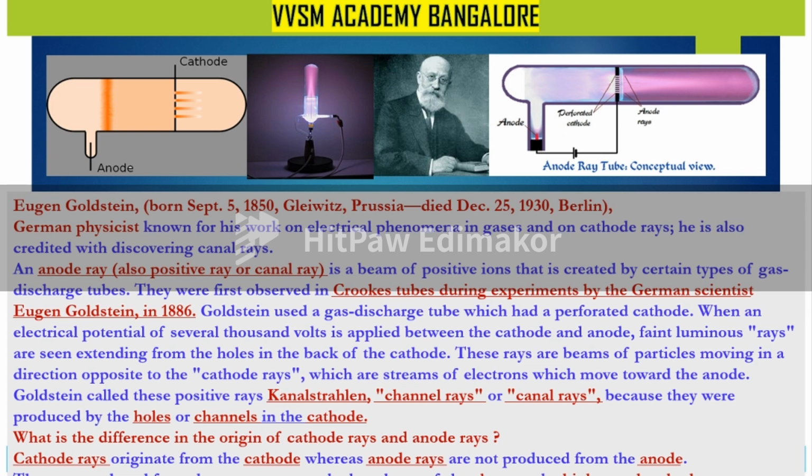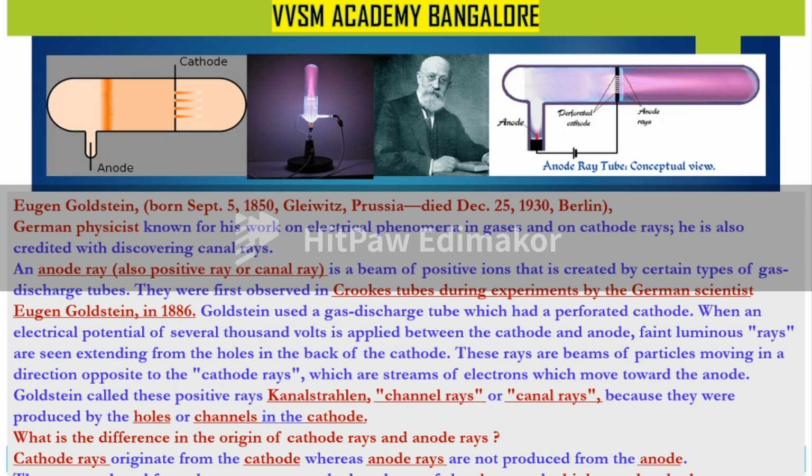As I told you, Goldstein used a gas discharge tube which had a perforated cathode. When a high voltage of several thousand volts is applied between the cathode and anode in the Crookes tube, he observed faint luminous rays extending from the holes in the back of the cathode.